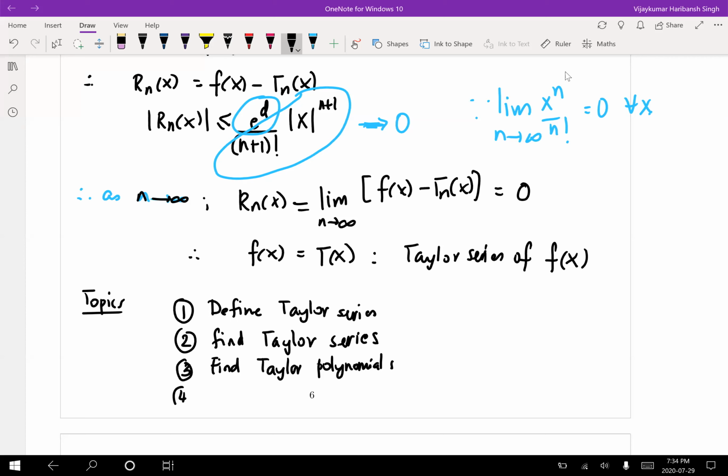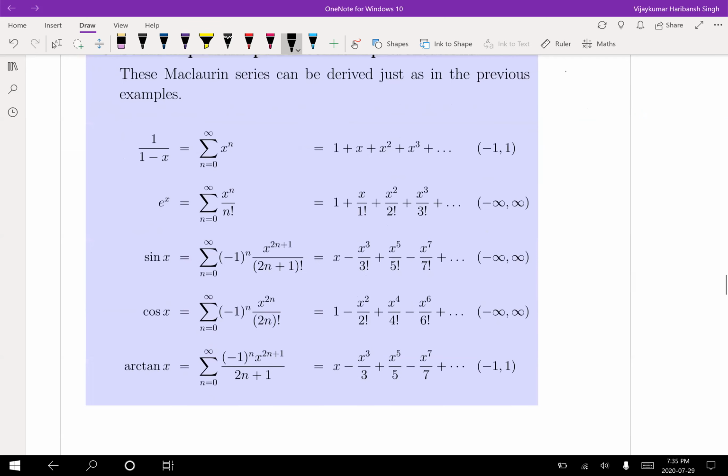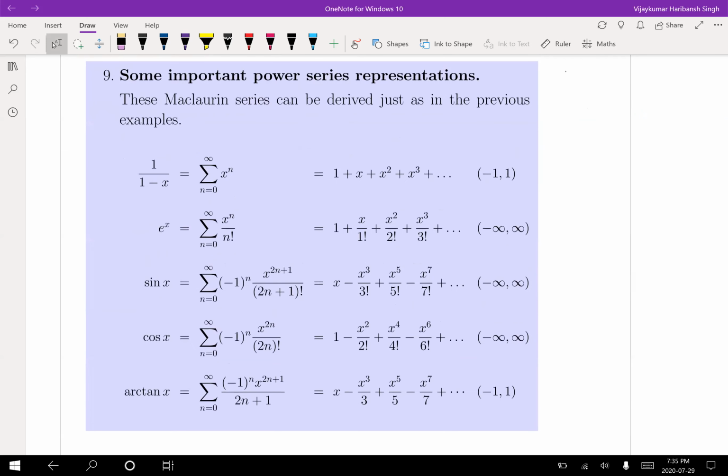You should be able to find bounds on the Taylor remainder. Okay, so these are the things you must know on how to go about the Taylor series. So these are the certain power series representations which we have already seen, and so let's look at them.